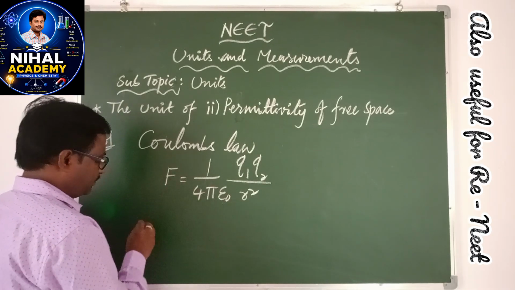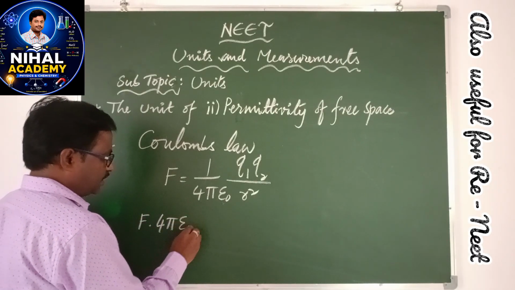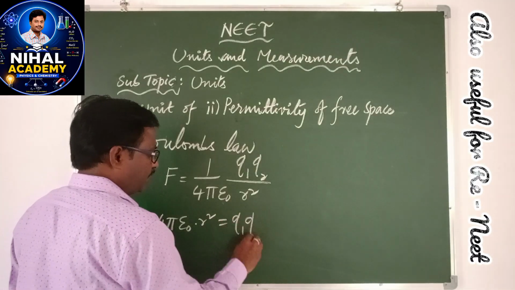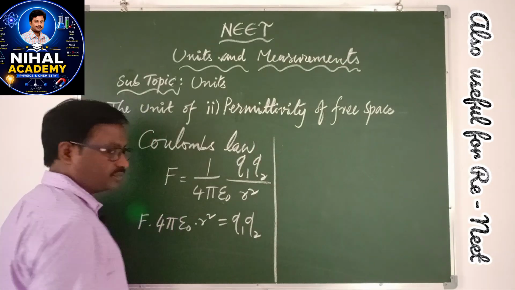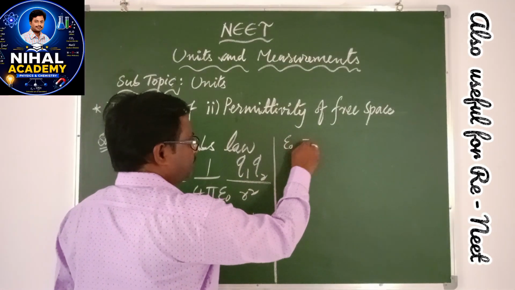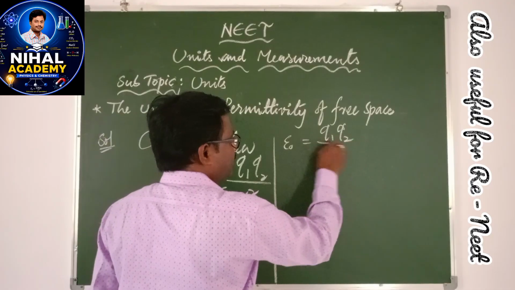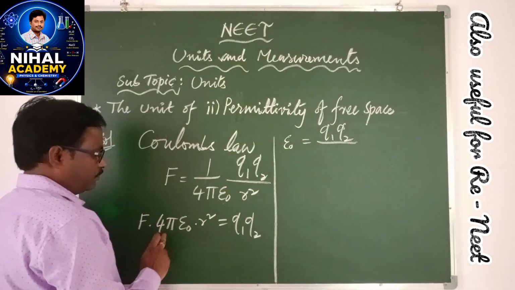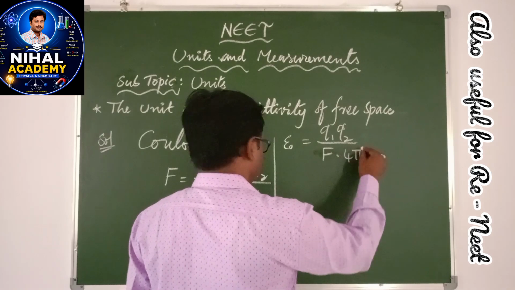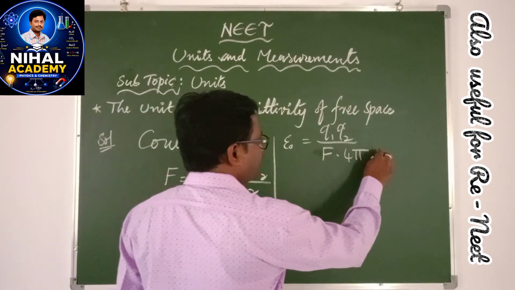So epsilon naught, cross multiplication, F into 4 pi epsilon naught into R square is equal to Q1 Q2. Epsilon naught is equal to Q1 Q2 by F 4 pi into R square.